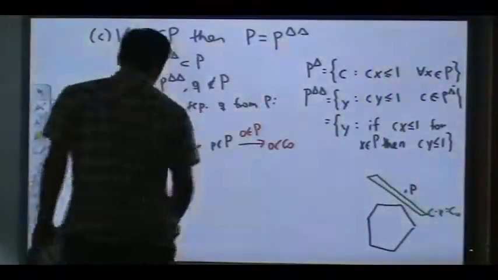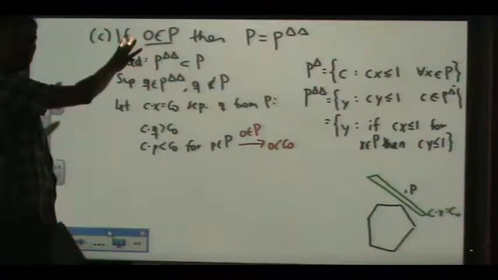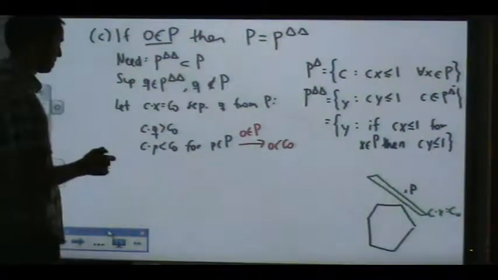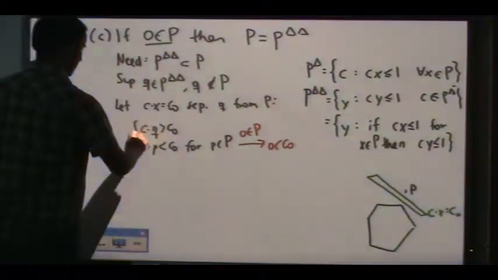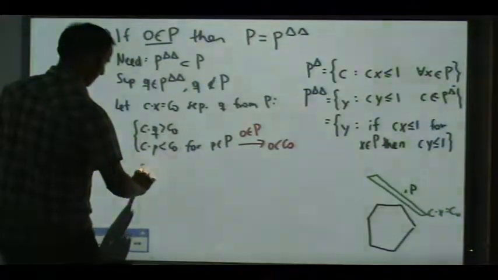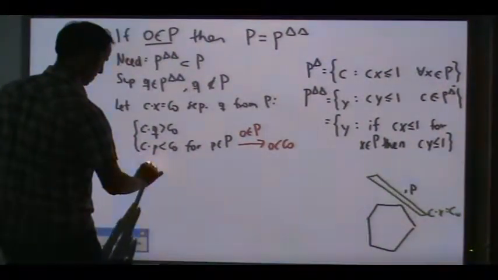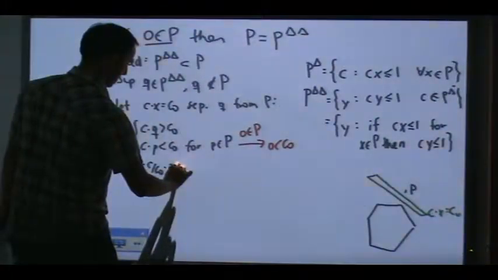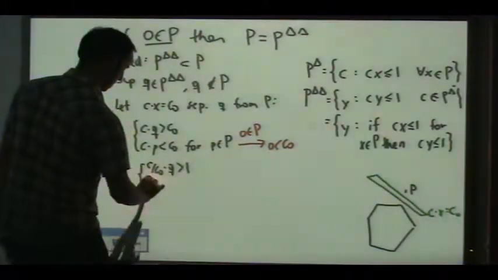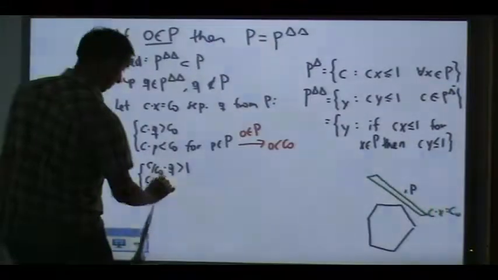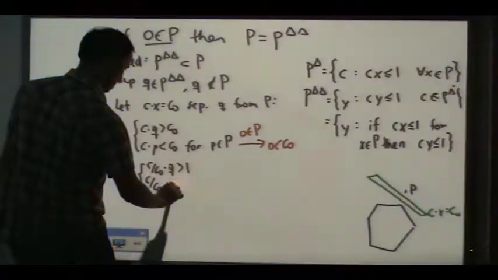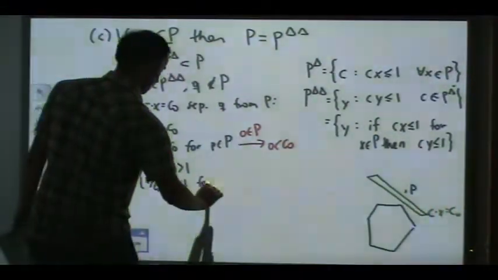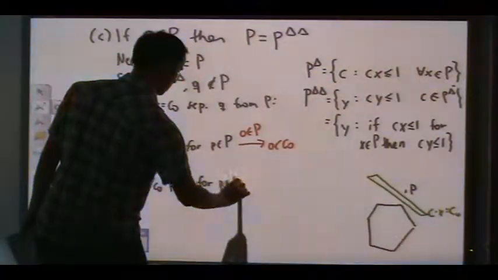It's the only place where I'm going to use that 0 is in the polytope. So I can take these inequalities and rewrite them as C over C0 dot Q is bigger than 1, and C over C0 dot P is less than 1 for P in the polytope.